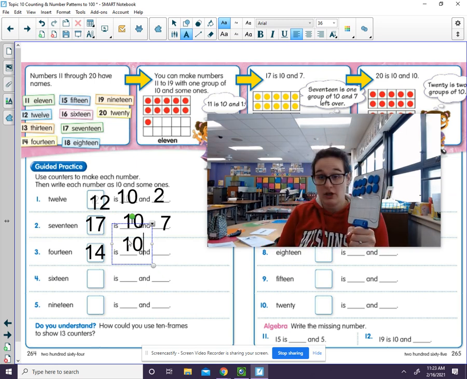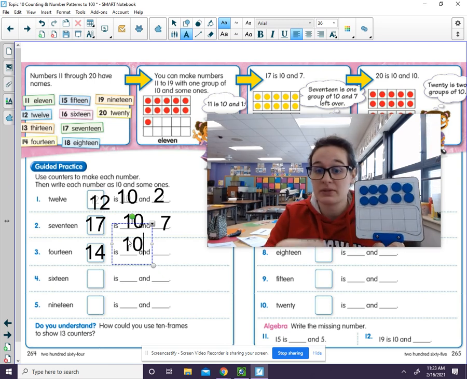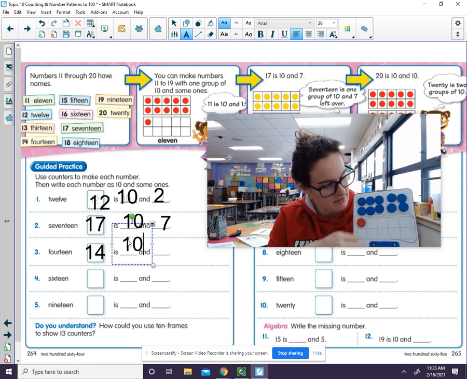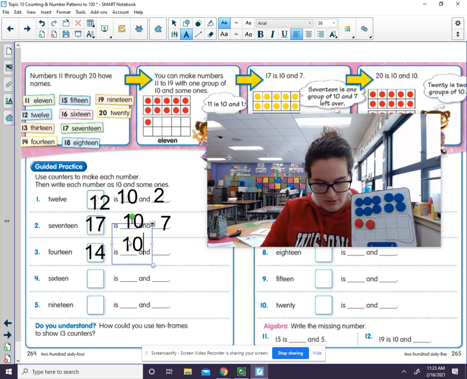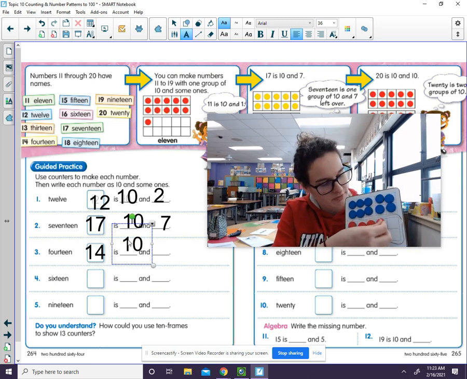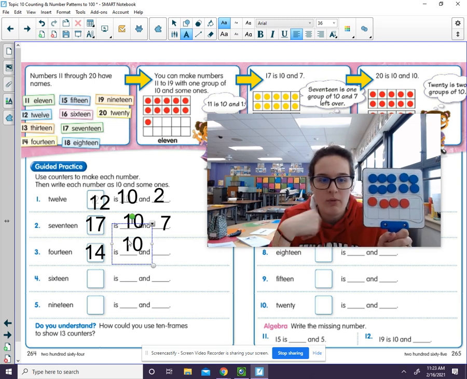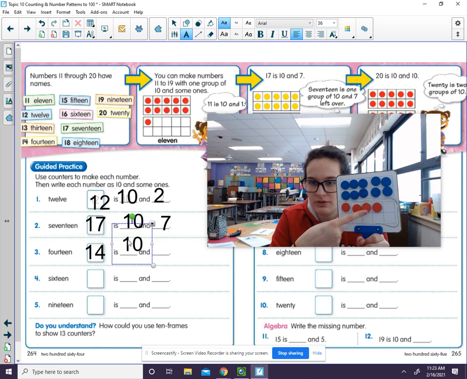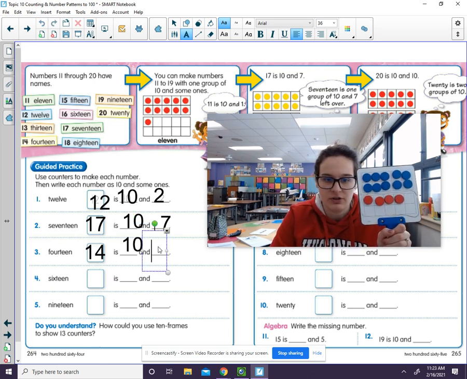Good. Okay. So we have 10. And let's see how many more it takes. 11, 12, 13, 14. So how many more? How many ones are there? Well, it's 1, 2, 3, 4. It took 4.